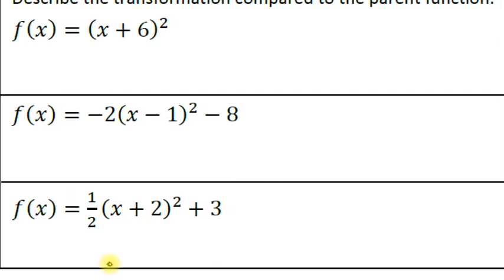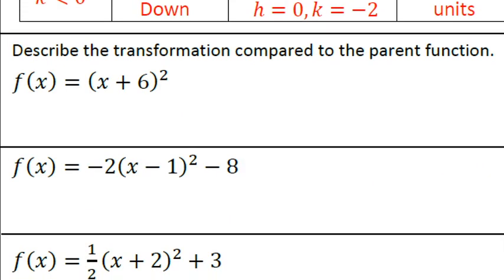All right, got a couple more things here to practice, problems you're going to run into. Describe the transformation compared to the parent function. Remember, the parent function is the vertex is at 0, 0, and a is equal to positive 1. So let's see what changes on these.